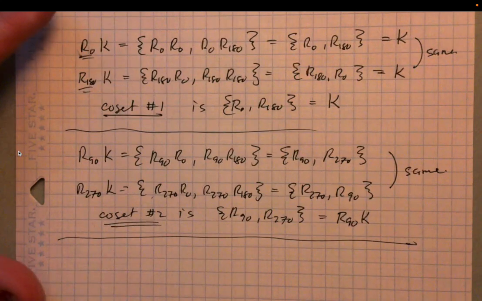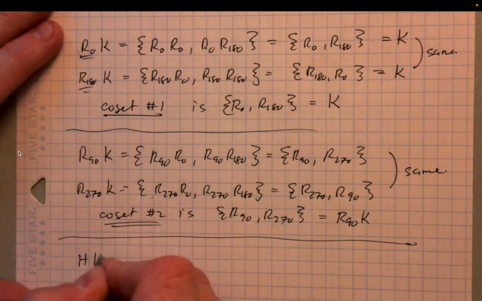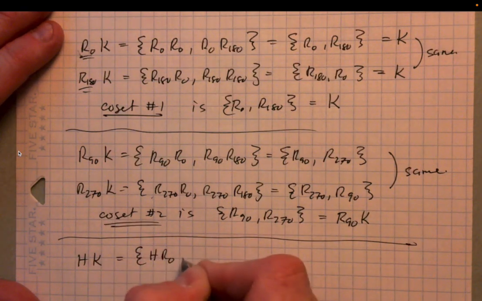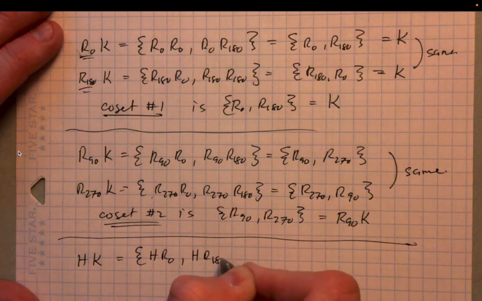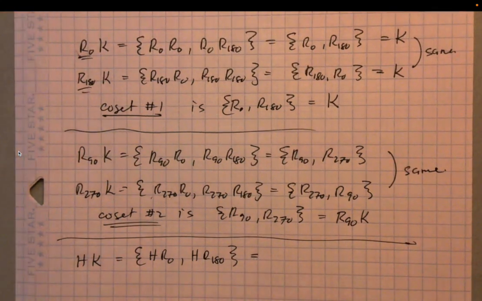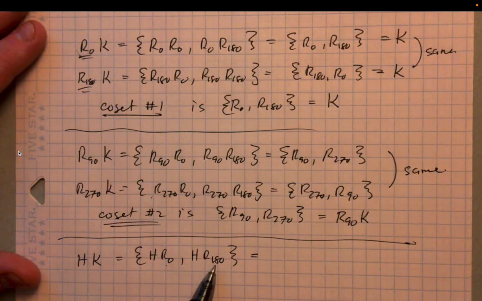Now let's look at the horizontal flip. So HK. What is that? That's HR0 and HR180. Let's be really careful here.